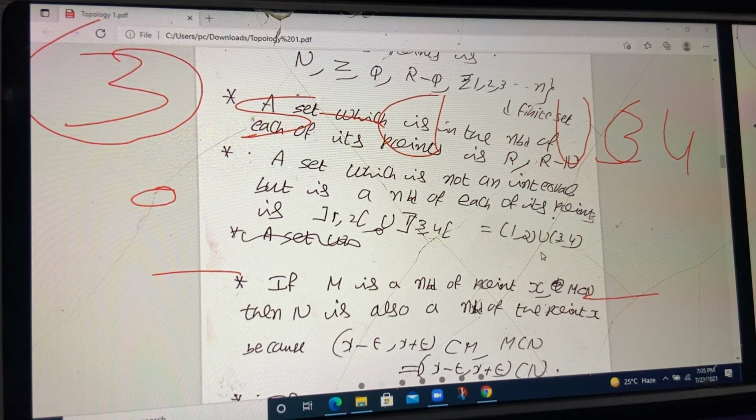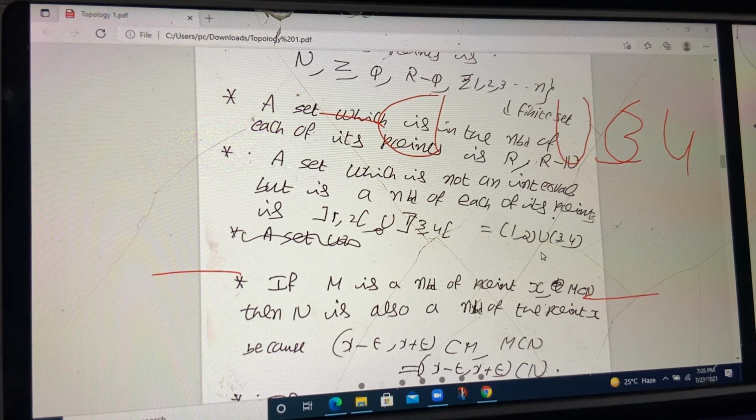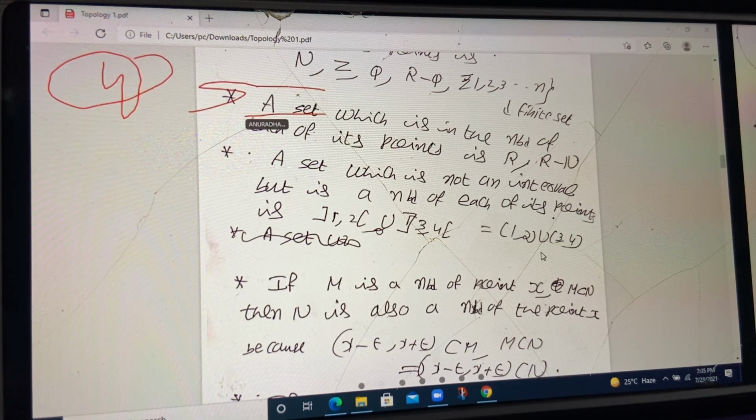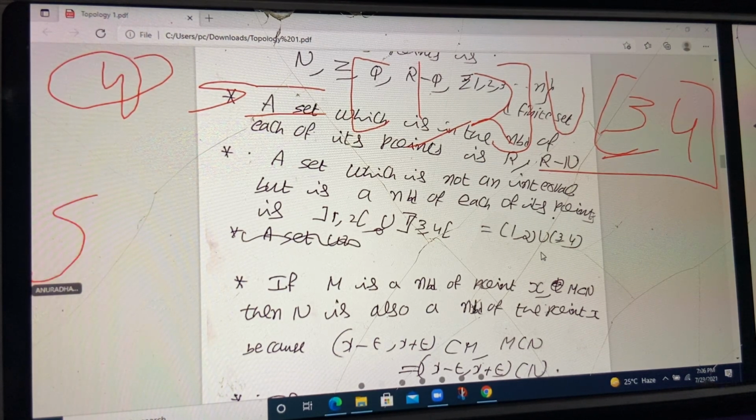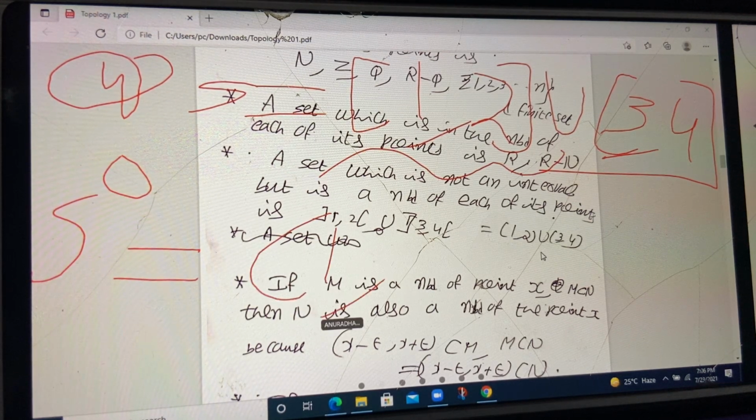Next, somebody may get it out. Take down another problem. If S is equal to the closed interval [1, 2] union [3, 4], then S interior is the open interval. For closed [1, 2], what is the interior? Open. Because 1 is not an interior point, 2 is not an interior point.